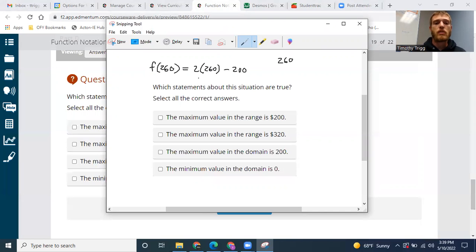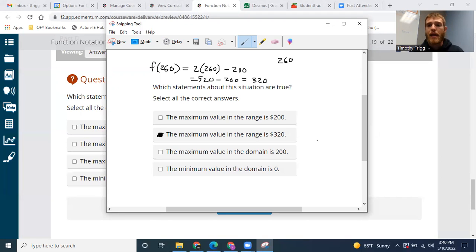So 2 times 260 is 520, minus the costs gives you a profit of 320. So at most, they'll have a profit of 320. So that's the maximum value of the range. Okay.